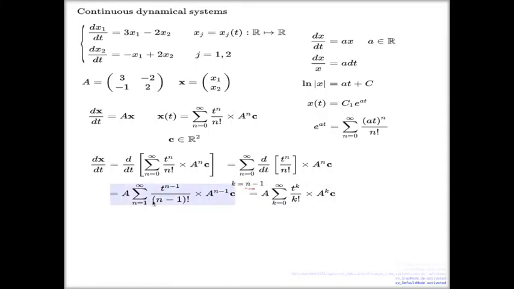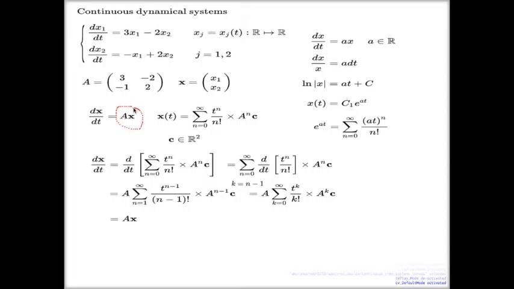If I introduce this new index here, the expression will become like so, and this is exactly the formula for x. Look at this. So we finish with Ax, we finish with the right-hand side.